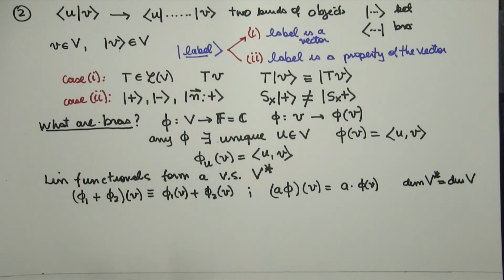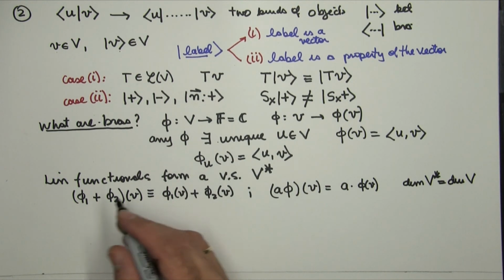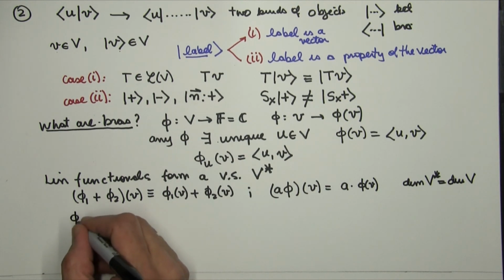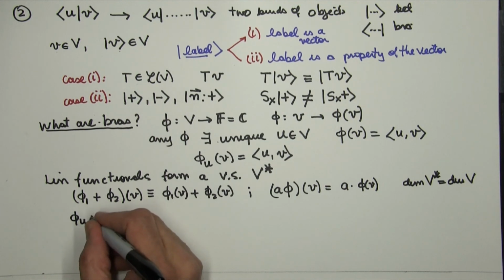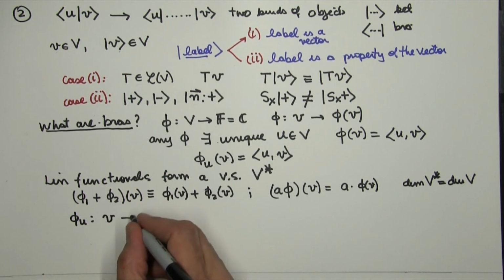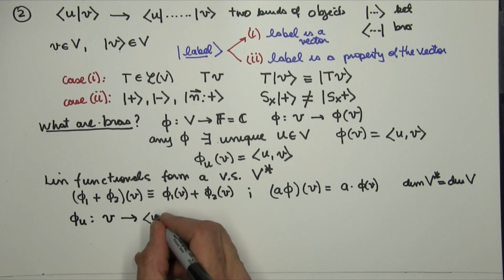Let's think of how these objects act. So phi u acts on a vector v by giving you (u, v).